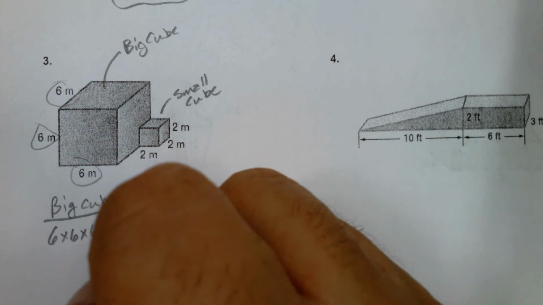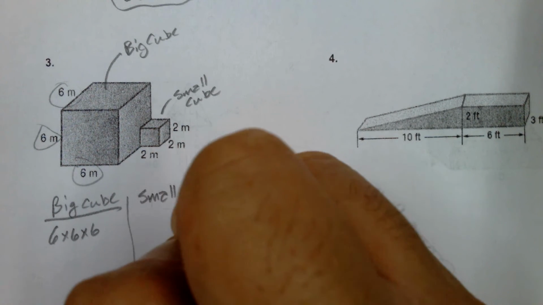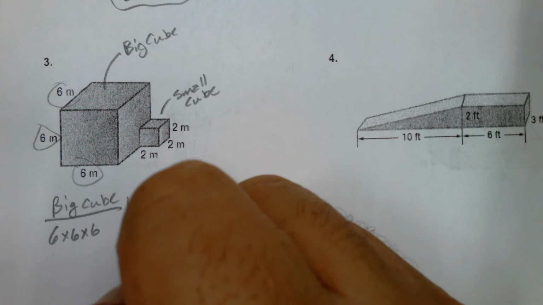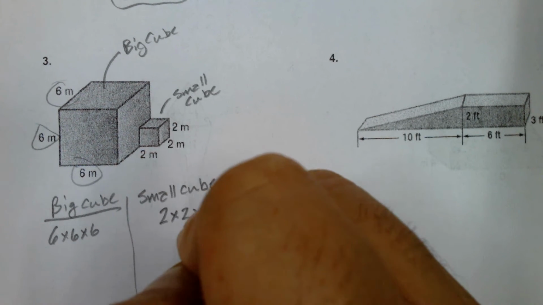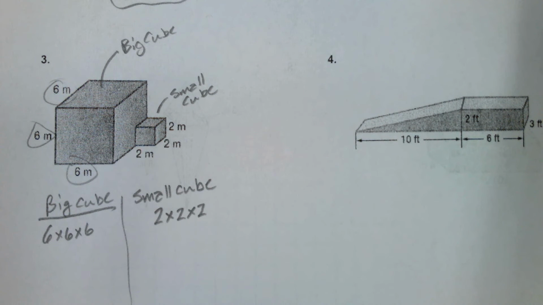Same thing with the small cube. And then in the end, you would just add those together.